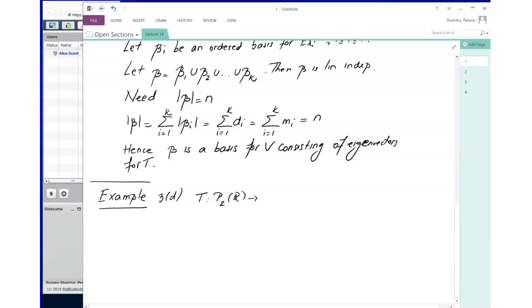So an operator on P_2 of R, T of f(x) is f(0) plus f(1) times x plus x squared.